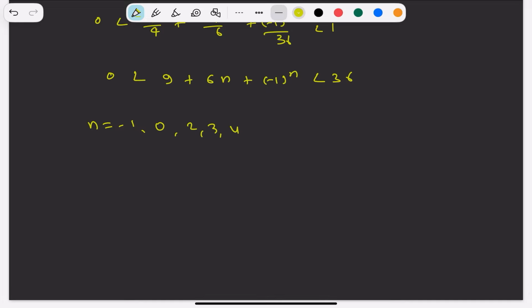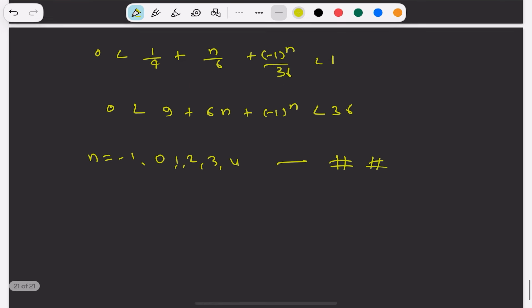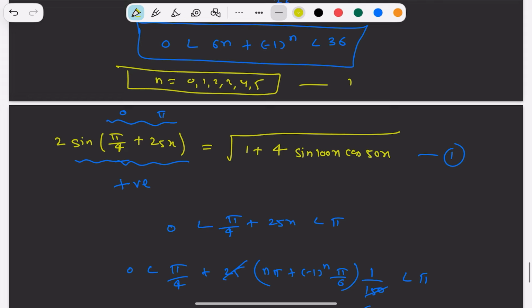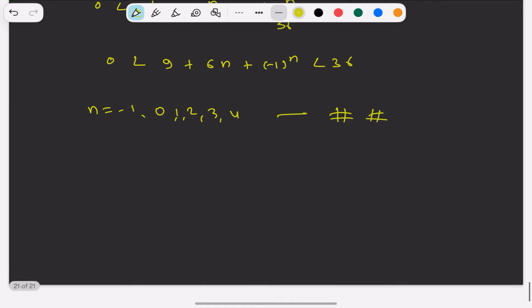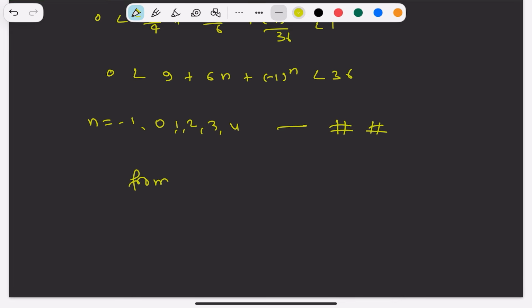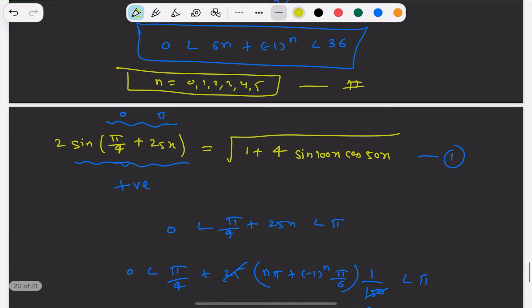And here minus 1, 0 and obviously 1, 2, 3, 4. So if you compare, this is equation double hash and this is equation one hash. So from hash and double hash, what values of n are we going to get now? So 0, 1, 2, 3, 4.